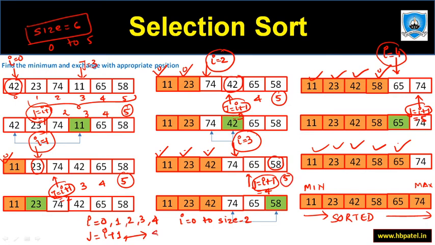That means it is size minus 1, because size equals 6, so 6 minus 1 is 5. Now this is important: i starts from 0 and goes all the way up to size minus 2, and j starts from i plus 1 and goes all the way up to size minus 1. This is very important from the program point of view.